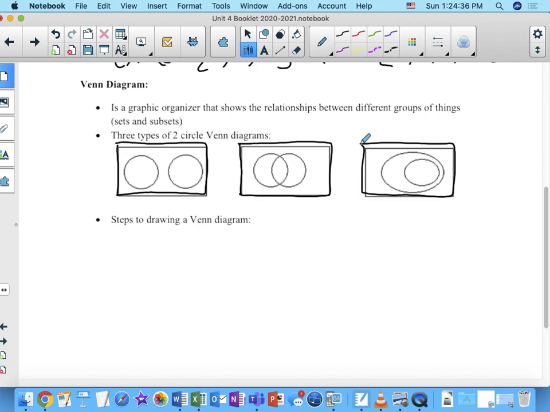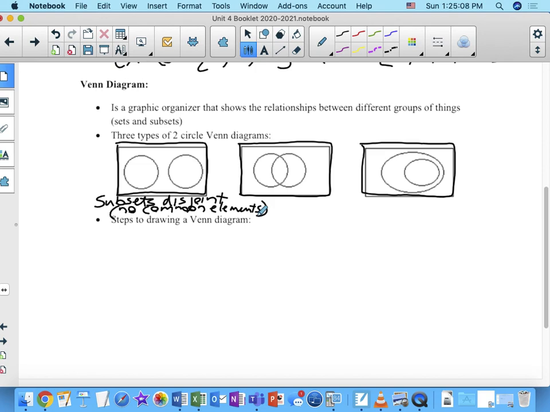Okay, so that would be situation A. Okay, no common elements. The second thing that can happen is that the subsets could share some elements, but not all.